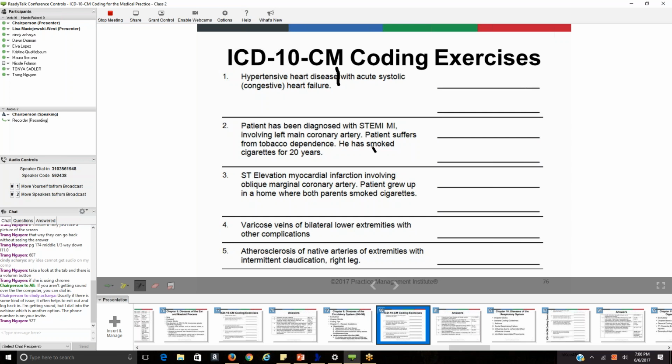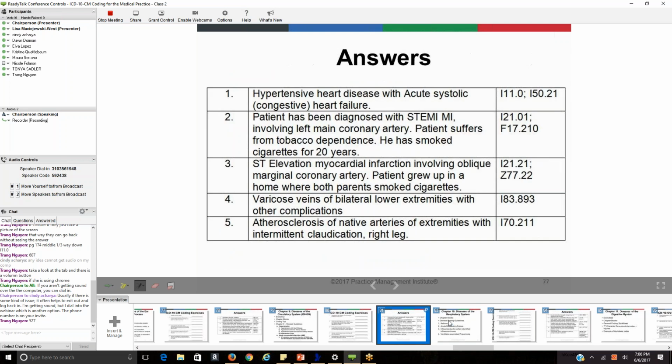It is not in remission, and it's not withdrawal. So all that leaves is the uncomplicated. So let's go ahead and take a look at the answers. Yep, F17.210.